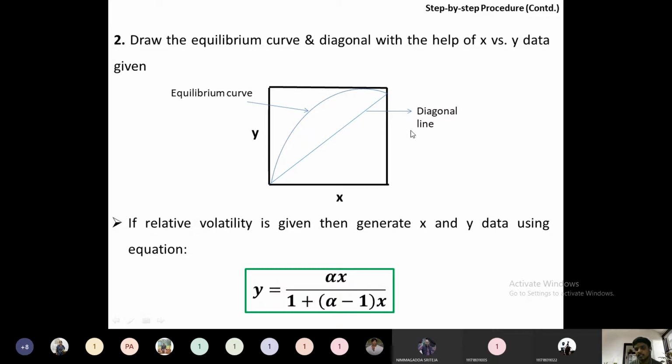So one way is they give x-y data in the problem, and another way is they give the alpha value, constant relative volatility, and ask us to generate our own x-y data using this equation.